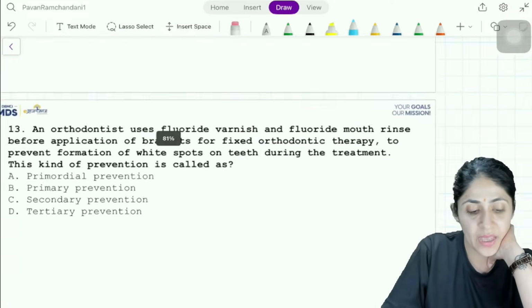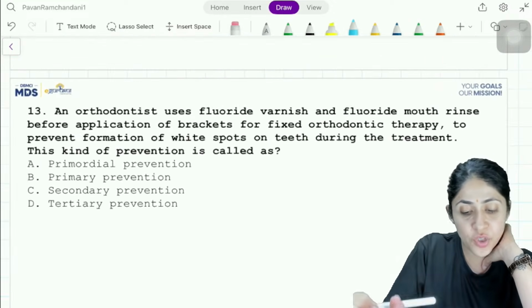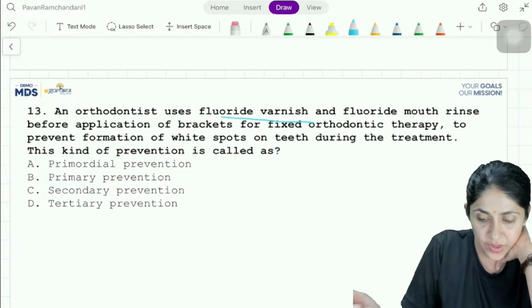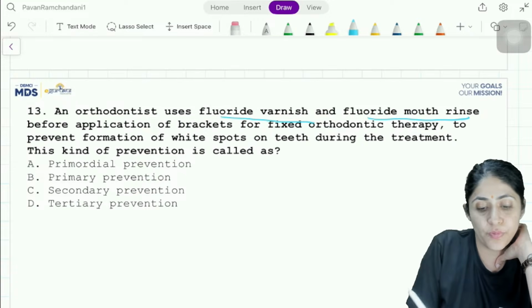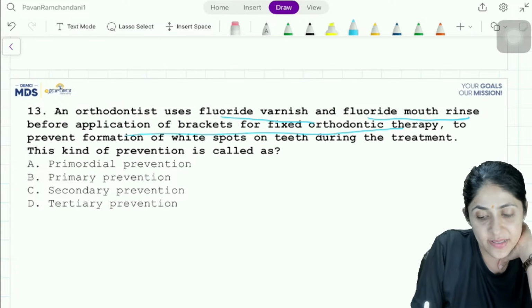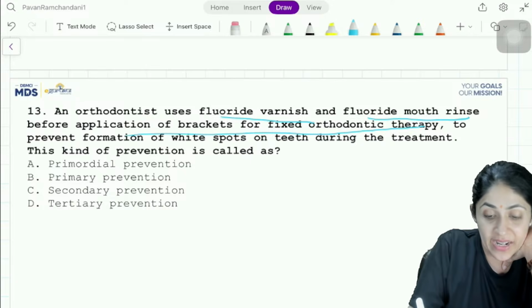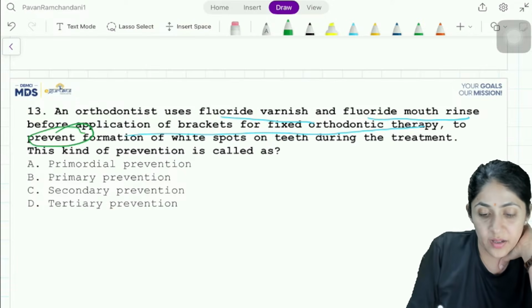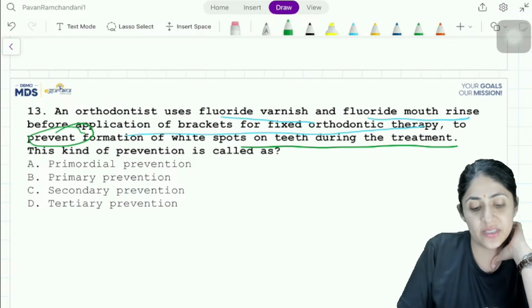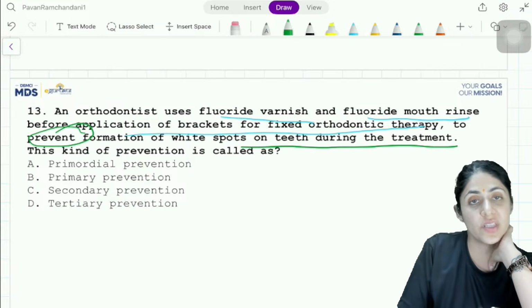Next is, an orthodontist uses fluoride varnish and fluoride mouth rinse. What he is doing is, before applying brackets, he is taking the intervention to prevent white spots on teeth during the treatment. What kind of prevention is this?